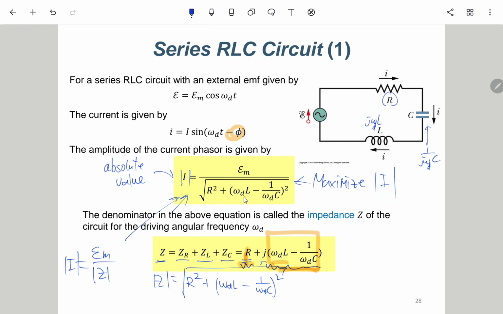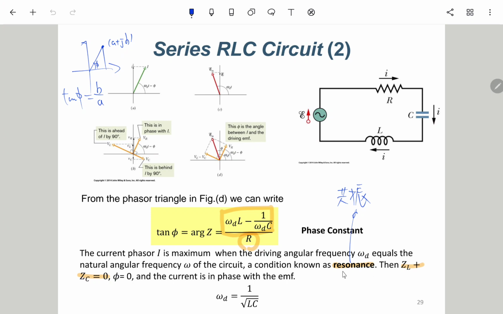So if we can tune omega d such that this thing becomes 0, so this square will become the smallest value, and then the denominator also becomes the smallest value, so we will maximize this absolute value of I. So the idea of resonance is like we try to maximize the amplitude of this current.